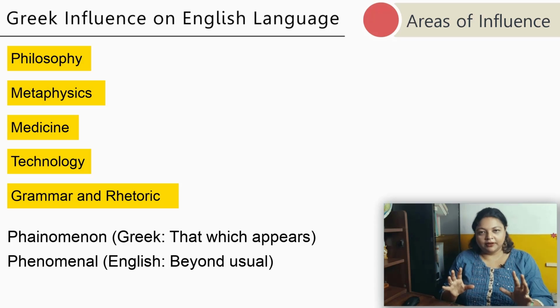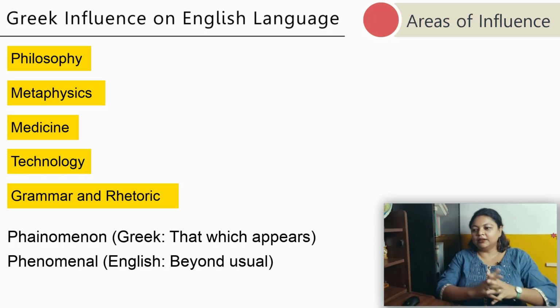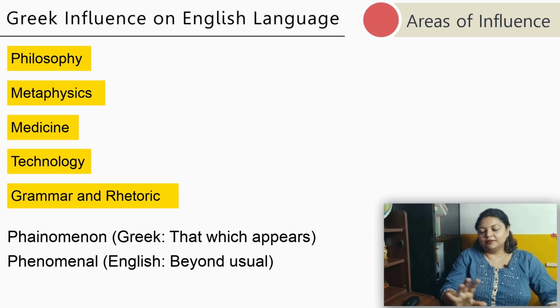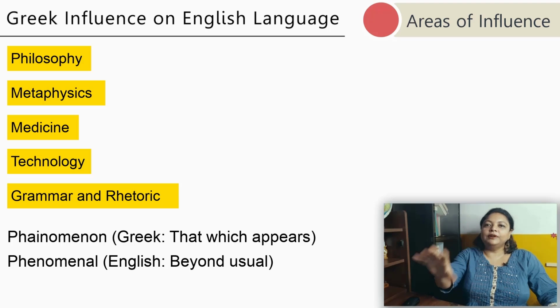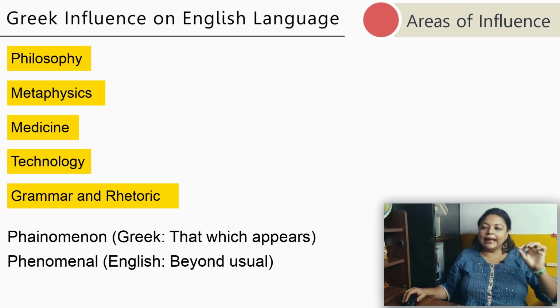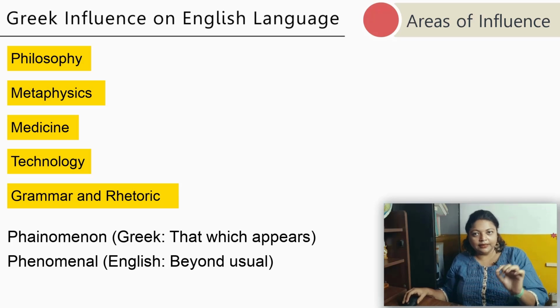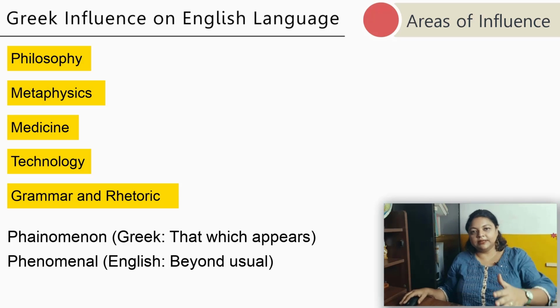The word phenomenon is again taken from Greek. In Greek, it is something like phainomenon, I cannot pronounce that, but it's taken from Greek, where it means that which appears. Now, the Latin suffix al is added, so it is Latinized first, and we started using phenomenal.